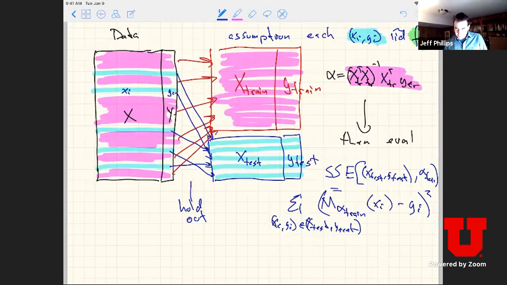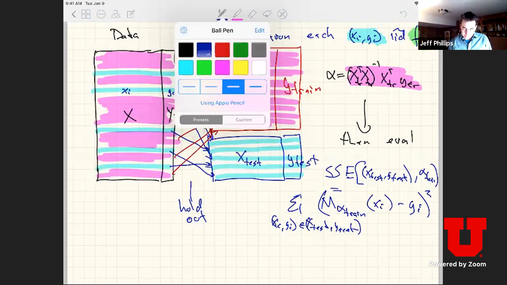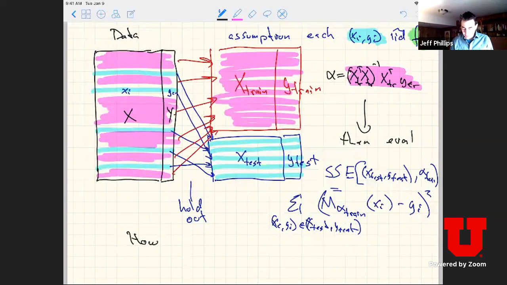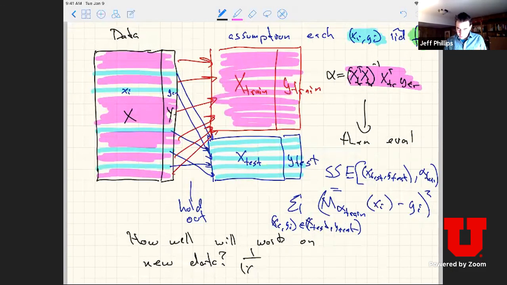So if I want to guess how well it will work on new data, what I want to do is 1 over the size of X test, times the sum of squared errors on X test, Y test, alpha train.